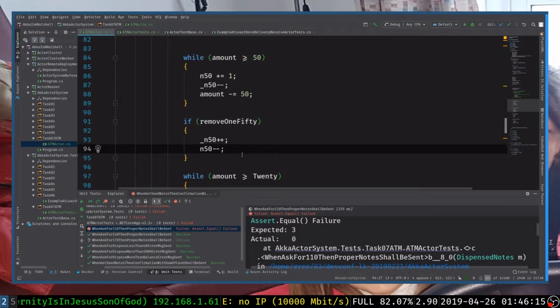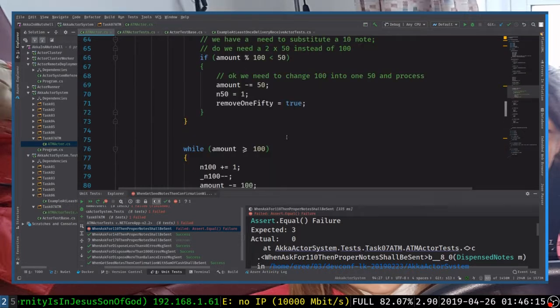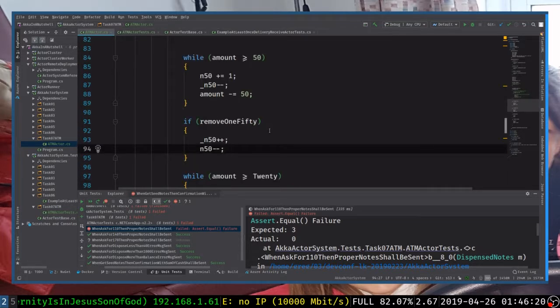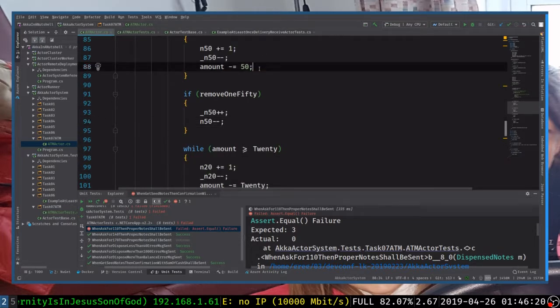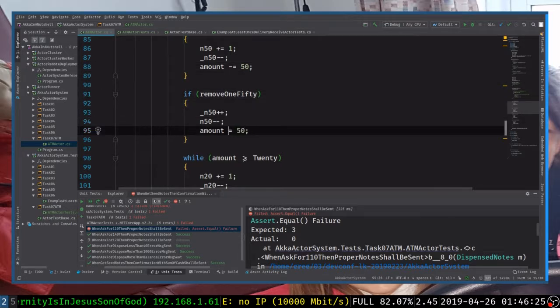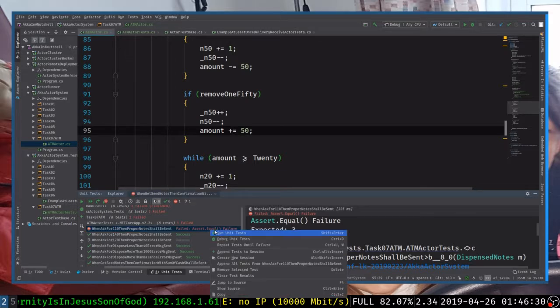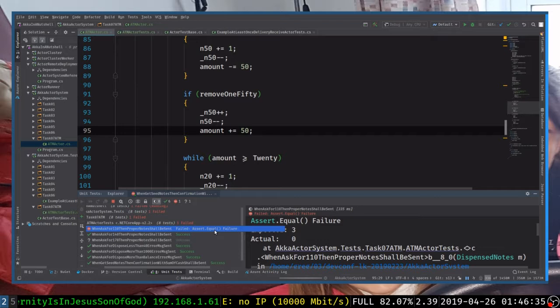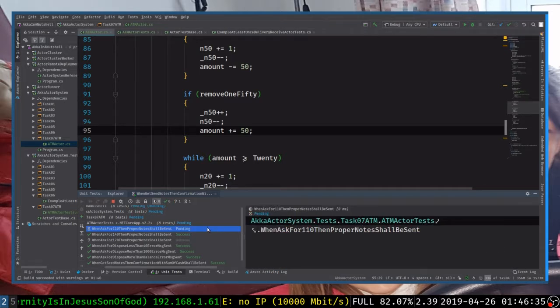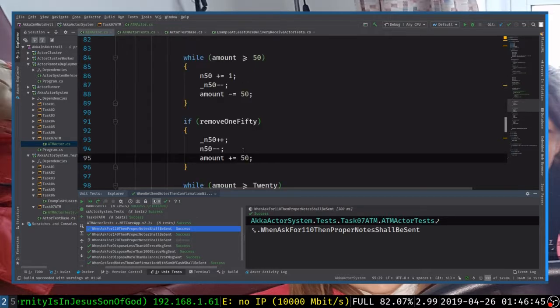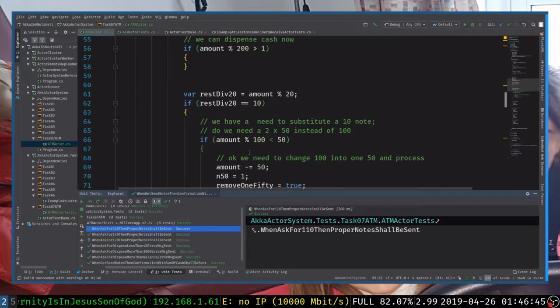And did we change our amount? Yes, we changed our amount. So we need to add 50 to the amount. Let's check what we get. Success. Oh. So adaptive 50 make it one trick.